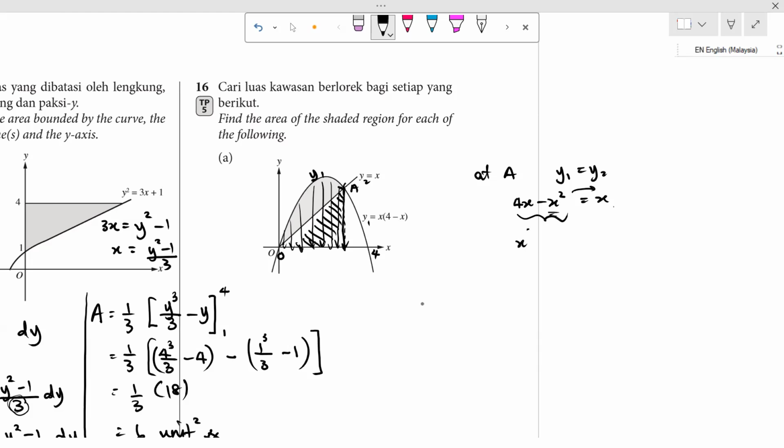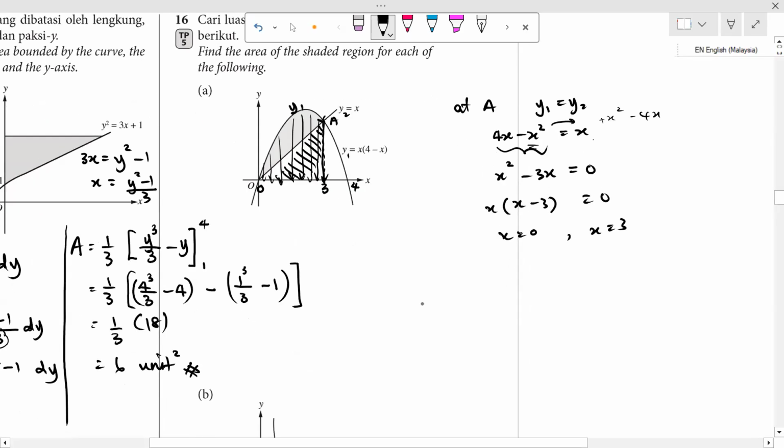So it becomes x squared minus 3x equals 0. Then you factorize: x times x minus 3 equals 0. So it's either x equals 0 or x equals 3. So I know that this is 3.